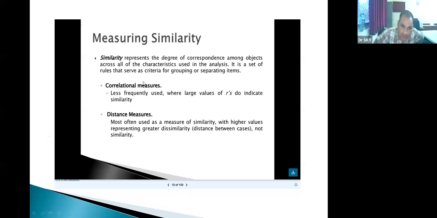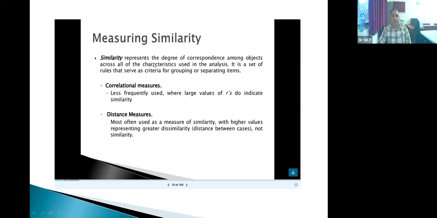Okay, so now we will be discussing different measures of similarity. Here basically we use the distance measure, and there are so many distance measures. Basically the similarity measures are of two types: one is the correlation measure and another one is the distance measure.